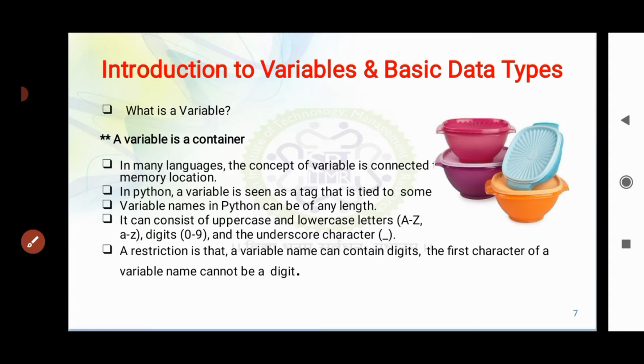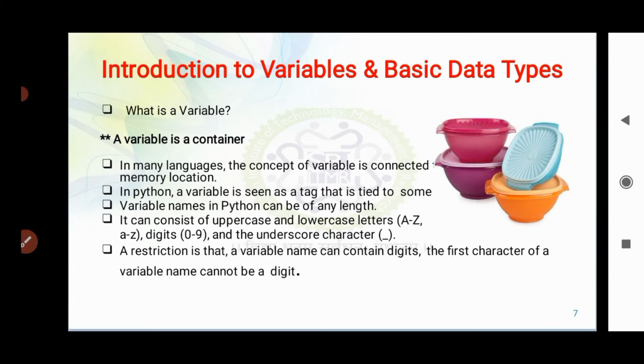Now coming to the next topic, here we have an introduction to variables and basic data types. Here we'll go through the meaning of variables, and what the basic data types used in Python are. Basically a variable is nothing but a container that contains something. That something can be a value or a name, it can be anything. But as we have seen earlier, a variable in Python is not connected to a memory location as in other languages.